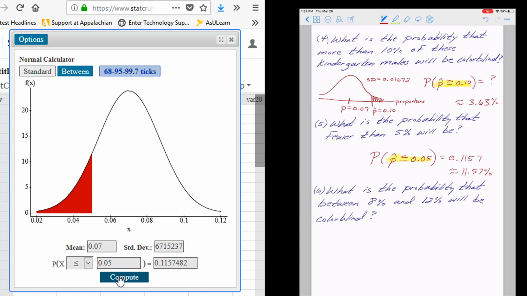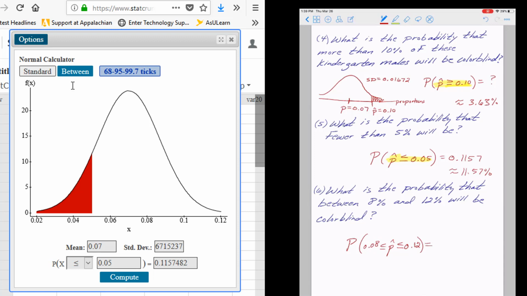Okay, what is the probability that between 8% and 12% will be colorblind? Notation again, the probability that p hat, always point your arrows to the left when you're sandwiching them for an in-between probability, that p hat is in between 8% and 12%, still in decimal form.